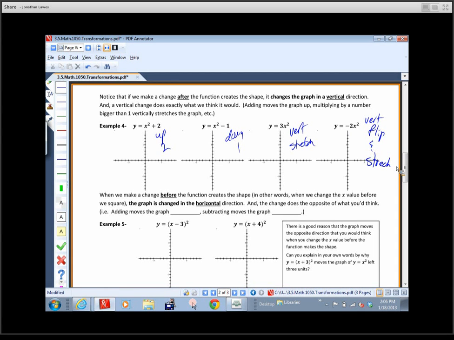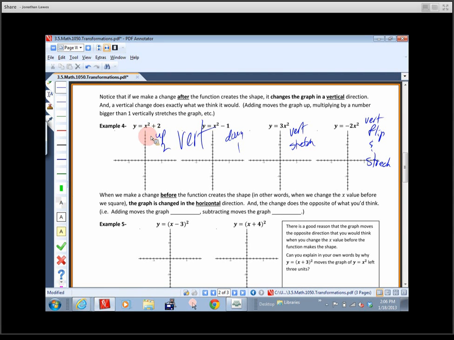Any questions there? Okay, now what I want you to notice on this, I know you can graph these, right? Everybody's good with graphing these? What I want you to notice is this is up and down, which is also a vertical change. Clearly, here we wrote vertical stretch and we wrote vertical flip and vertical stretch here also. So you'll notice that the first thing that happens when we plug a number in is we square to make the shape.